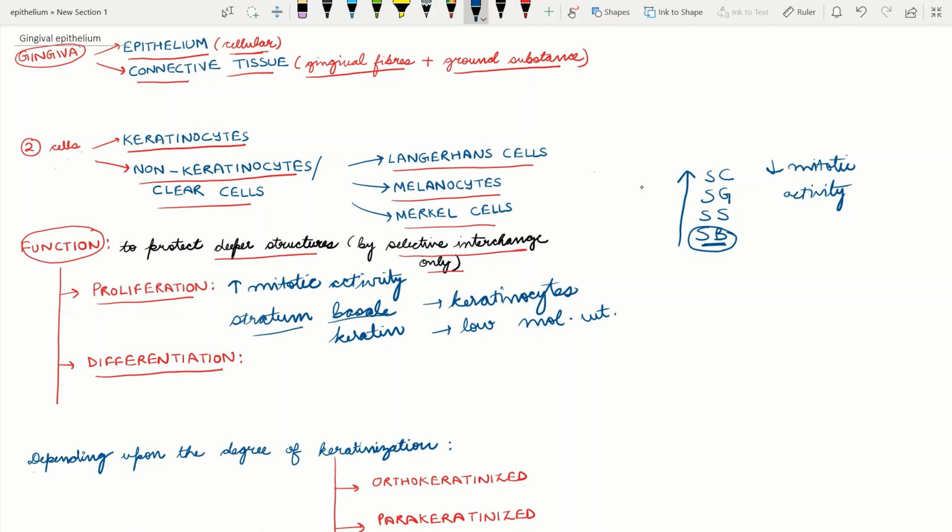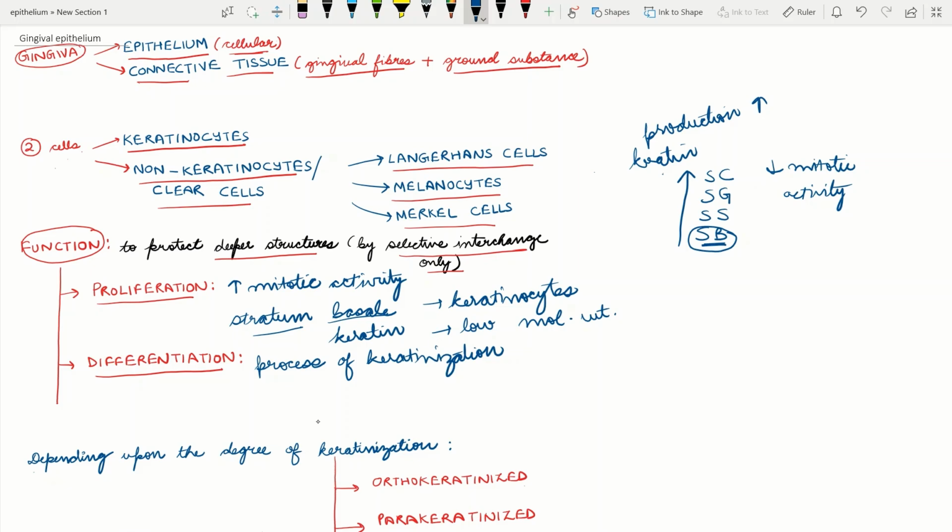And as we go up in the layers, the keratin production will increase. Okay, now coming to the process of differentiation. So differentiation is basically a process of keratinization.